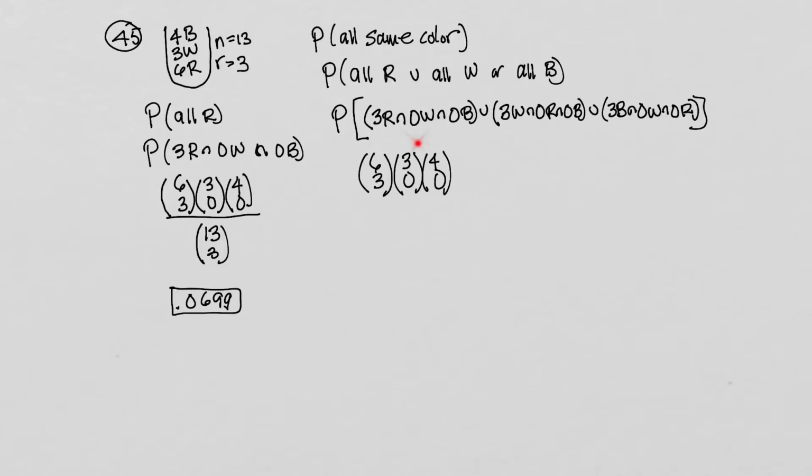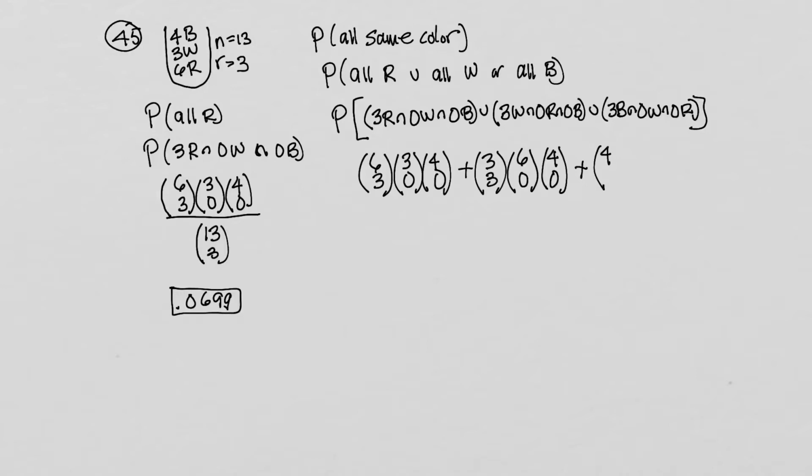Now this part right here, you recognize is just what we did back over here in the first part of the problem. But now, plus, and the plus comes from that OR. We now want 3 whites. So whites, there's 3 whites, we want to choose all 3. Reds, there's 6 reds, we don't want any of them, so 6 choose 0. There's 4 blues, we want 0 of those. Plus, now, we want all blues.